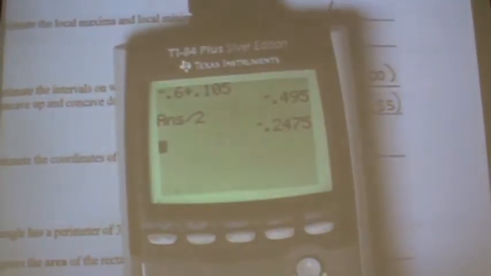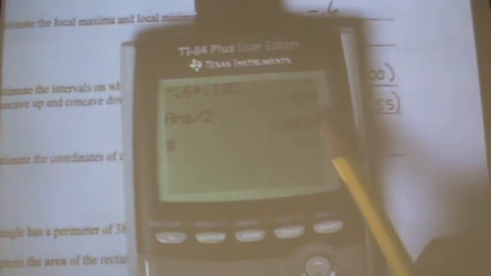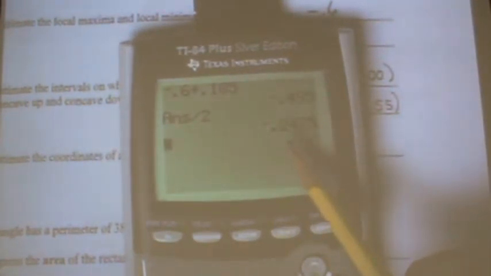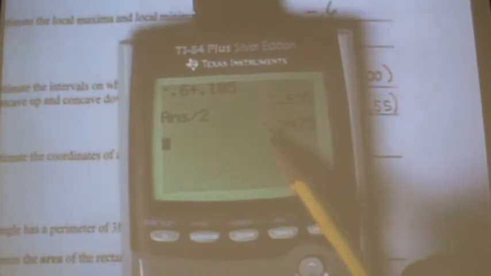Yep, my bad. On the test question, the inflection point, I know what I did. I divided this by 2. I should have hit enter. So on the test, the actual inflection point is -0.25. So let's change this. Thank you for fixing that for me.